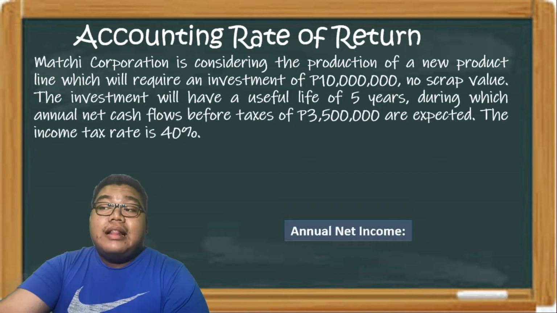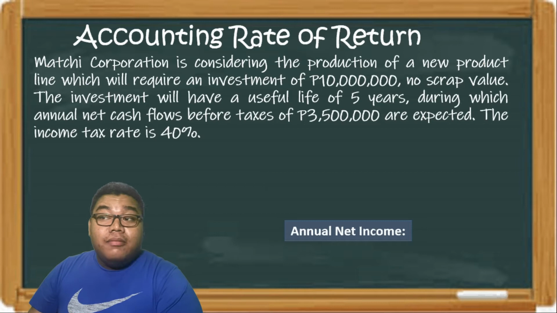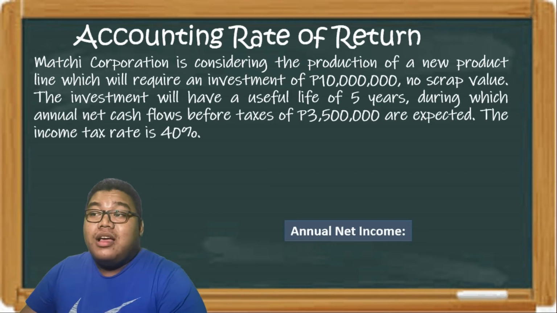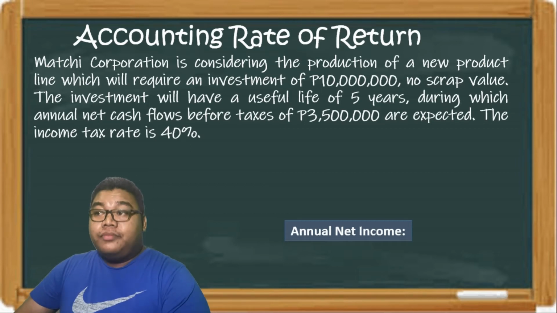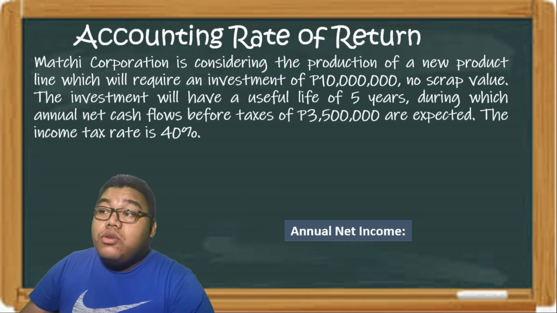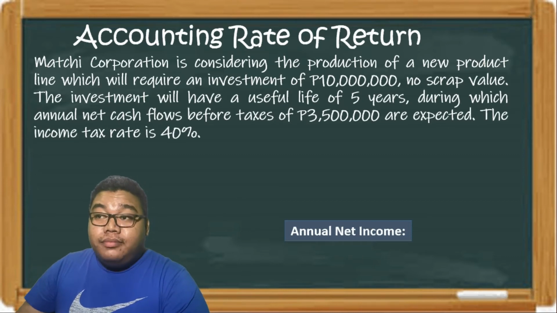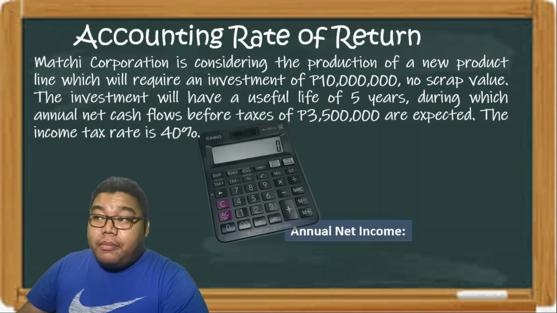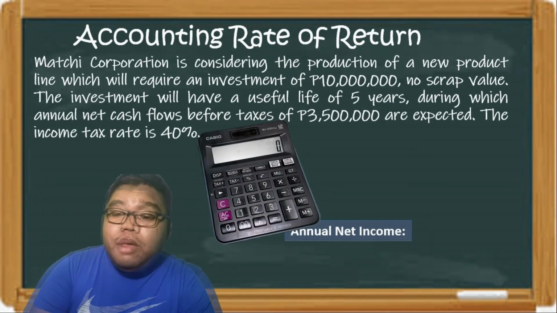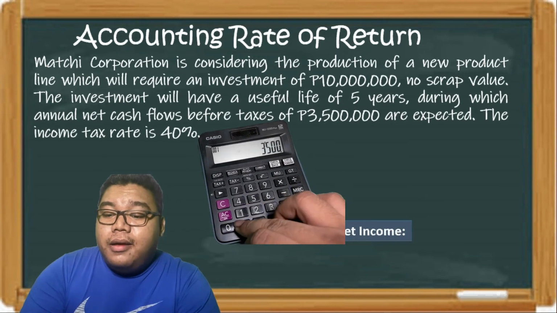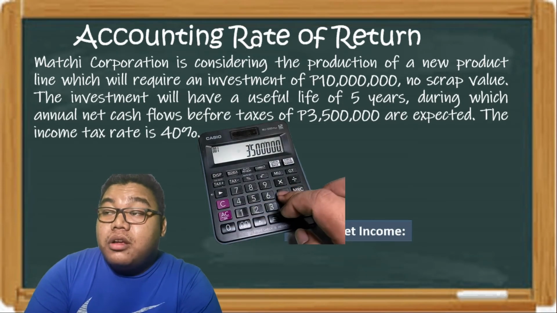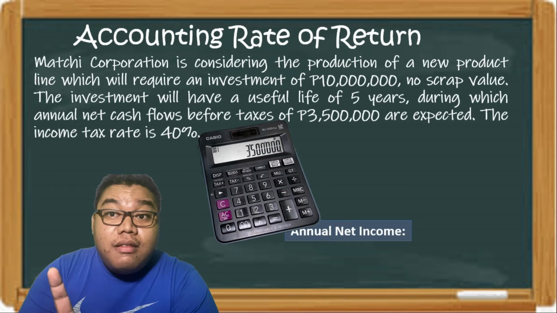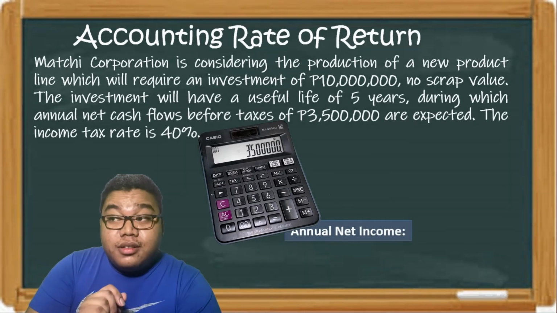So let us compute first the net income of the company, because that is the amount to be used in this problem. So we have 3,500,000 minus the depreciation of 10 million divided by 5 years, rather.